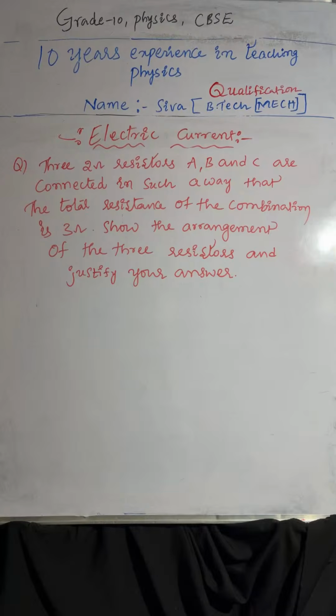So, three 2 ohm resistors A, B, C are connected in such a way that... so till now completed. So all those tough questions. So I'll write one more question.